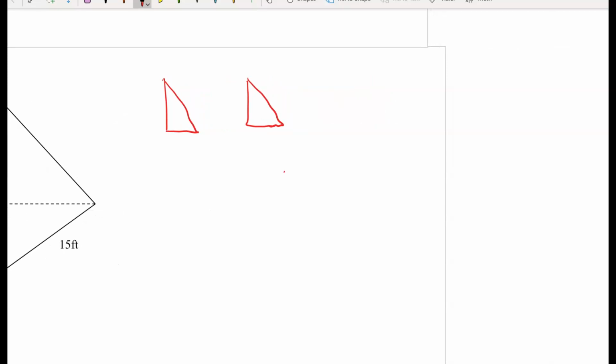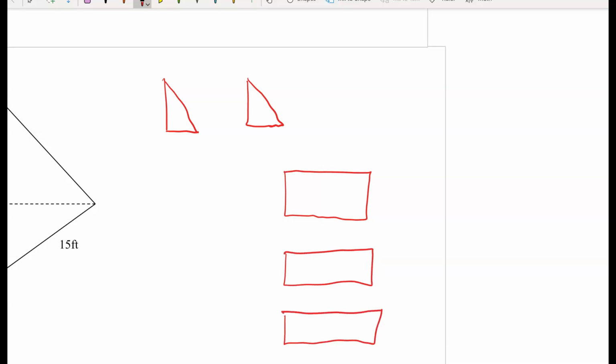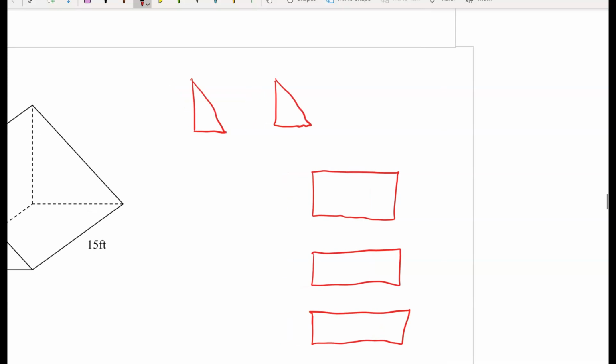Then we have a rectangle, and a rectangle. So you have 3 different sides. Now these aren't the prettiest looking shapes, but they're going to do exactly what we need.